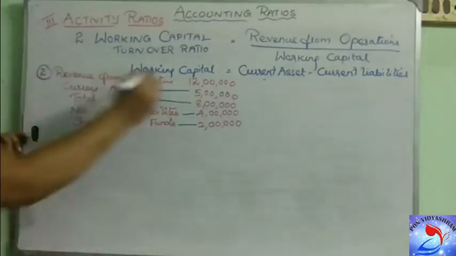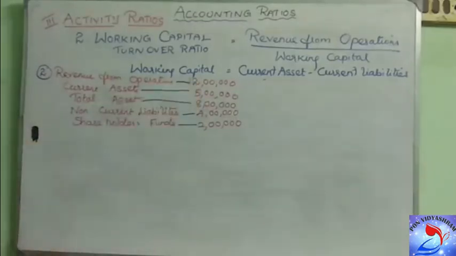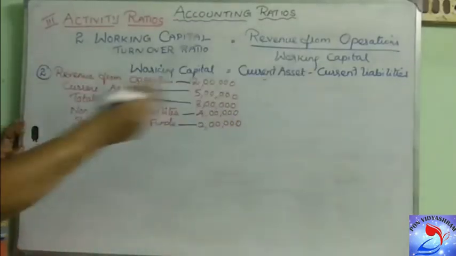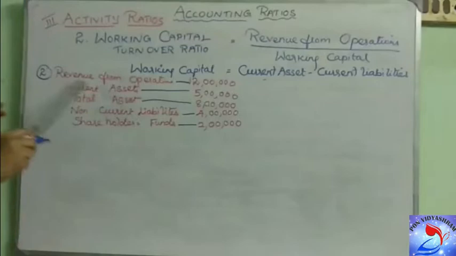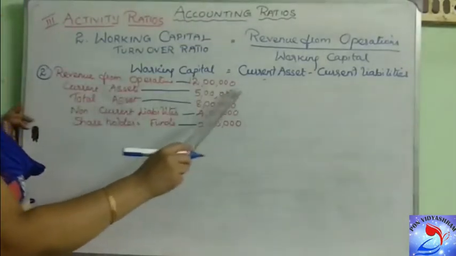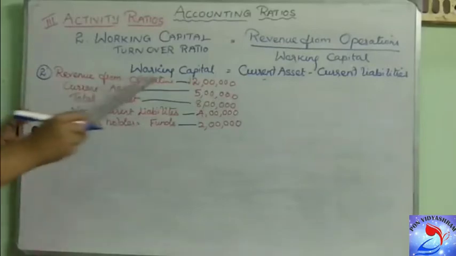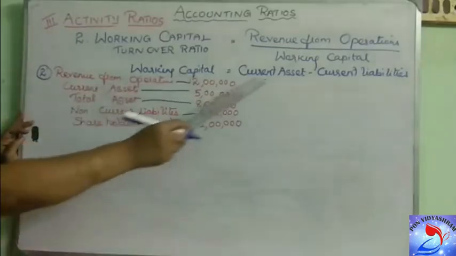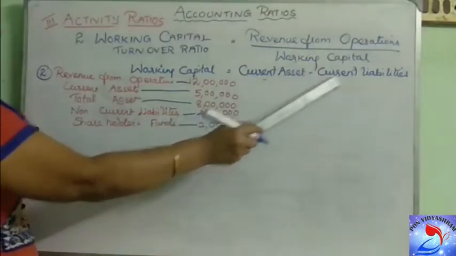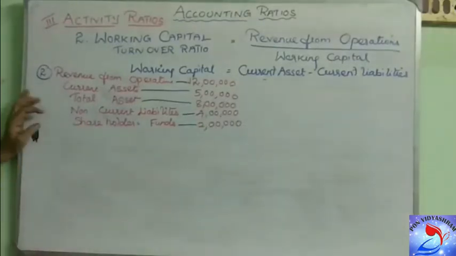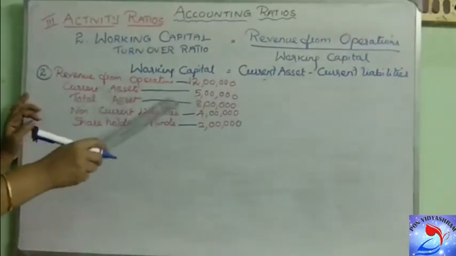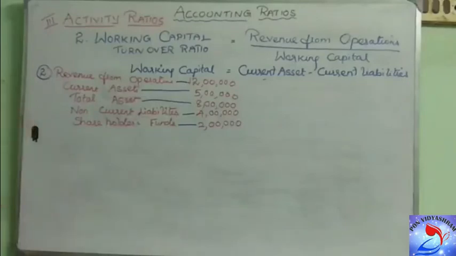Now here when we apply the formula, I don't have any issue with revenue from operation because it is given as 12 lakh directly in the sum. And now I have to find out working capital. Working capital is current asset minus current liability. I have current asset, but do I have current liability? No. I have total asset, non-current liability, shareholders fund.